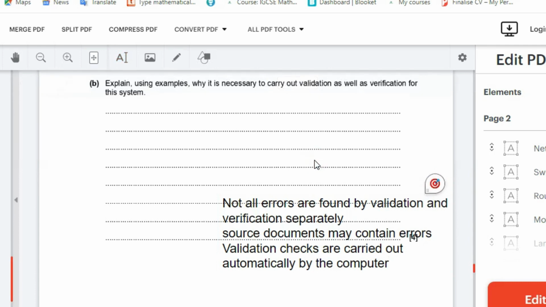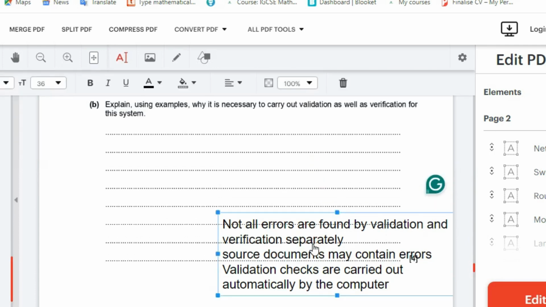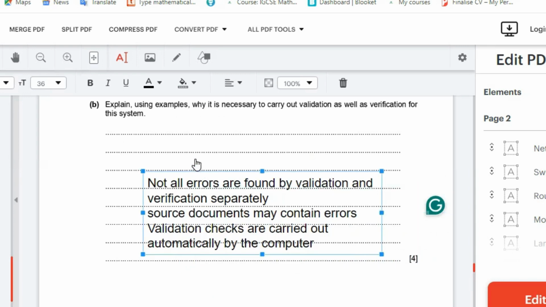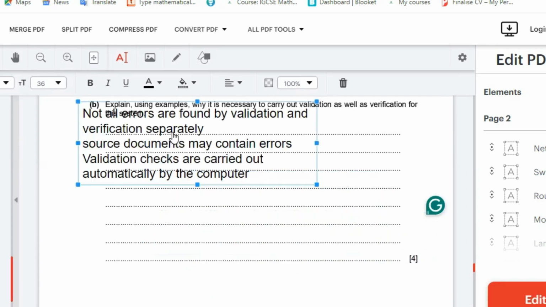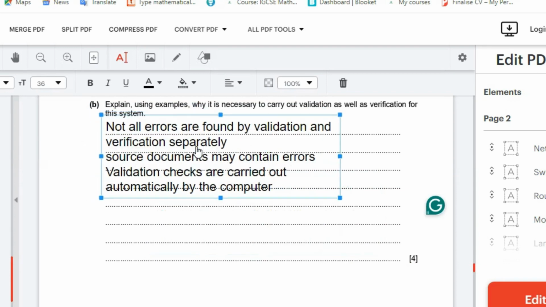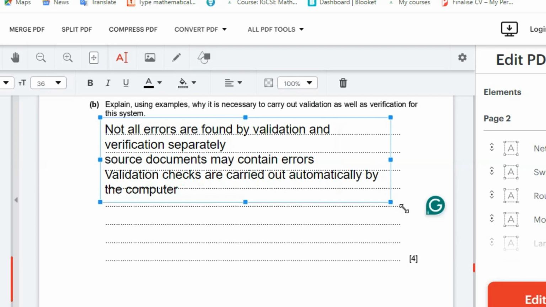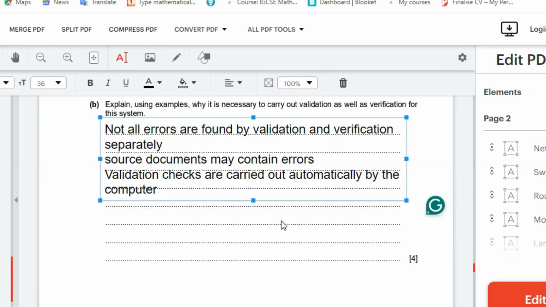So we are going to give some examples now, after we've listed three reasons why validation and verification are necessary.